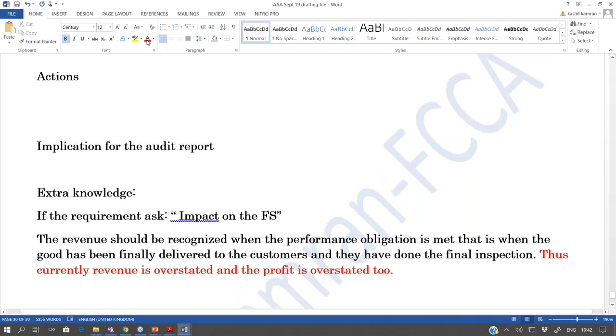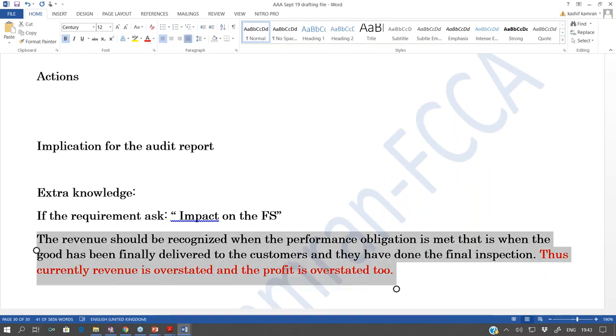Did you learn this impact on day one when we were discussing a question on risk of material misstatement? Materiality, treatment, risk, impact. Did you remember the impact from day one under an overstatement?